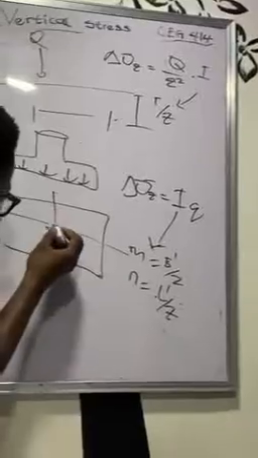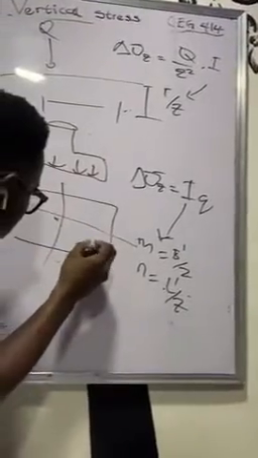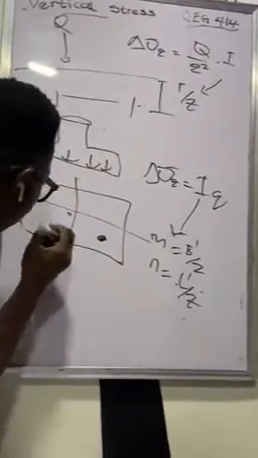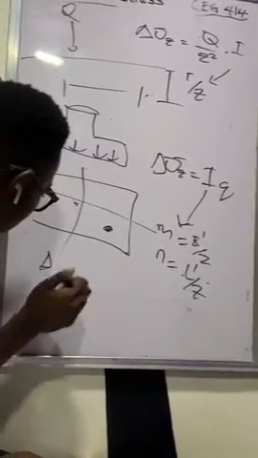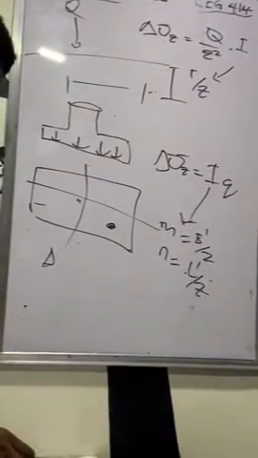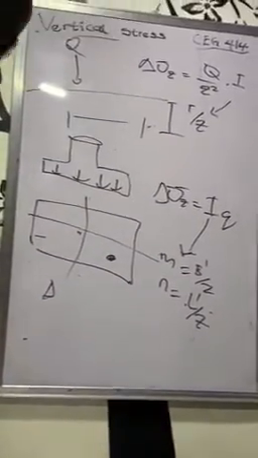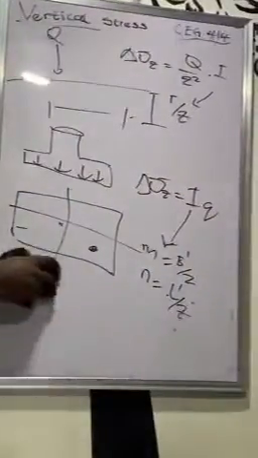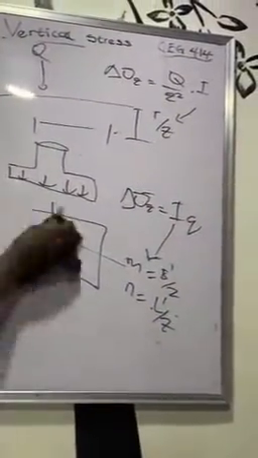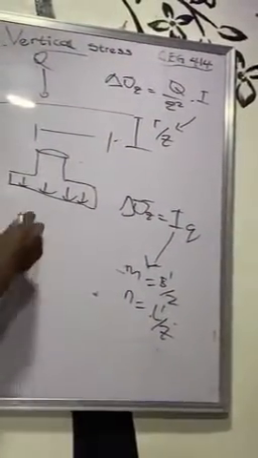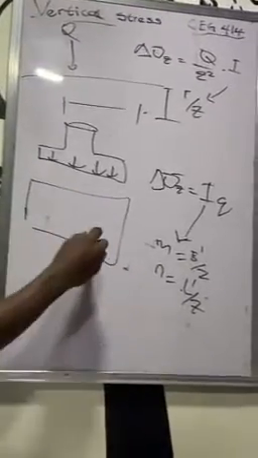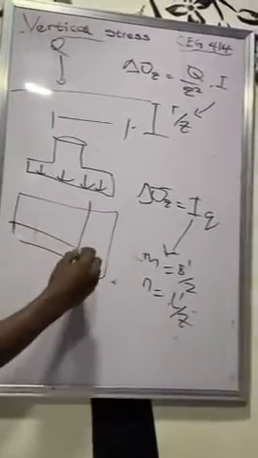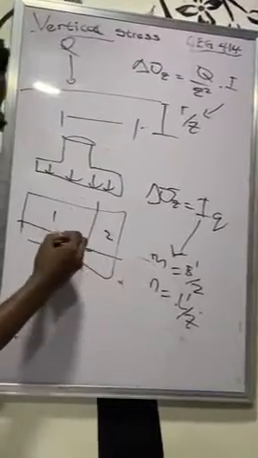Let me just add this last bit. If it's at this edge, it's 4IQ. You have to break it into these four respective rectangles and add them together. If you have something at this point, I have 1, 2, 3, 4.